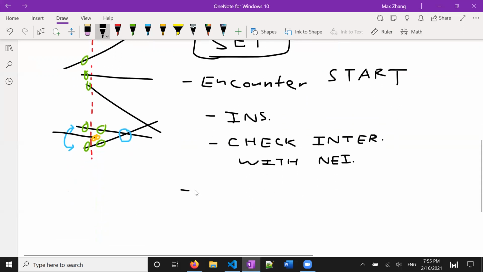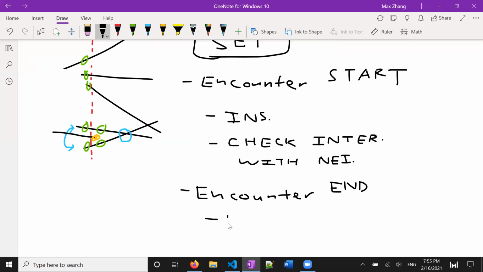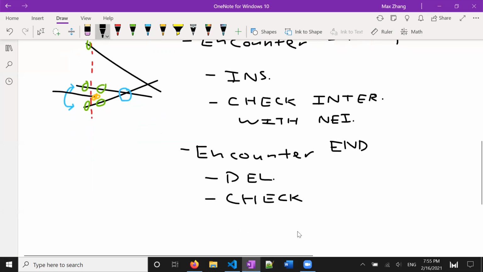And whenever we encounter the end of a segment, we erase it, and we also check intersection between the two line segments that it was sandwiched between.